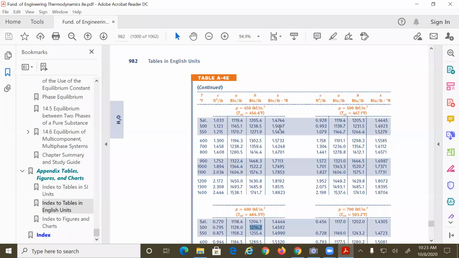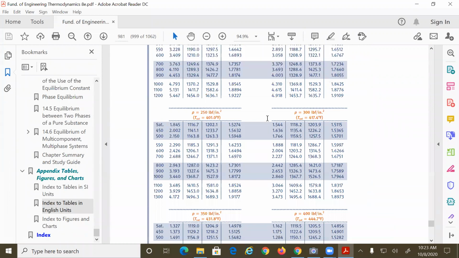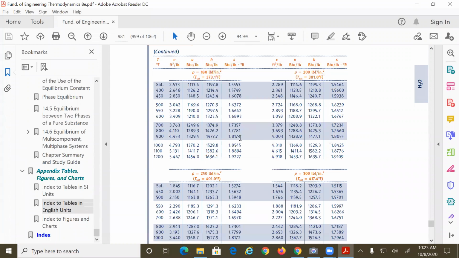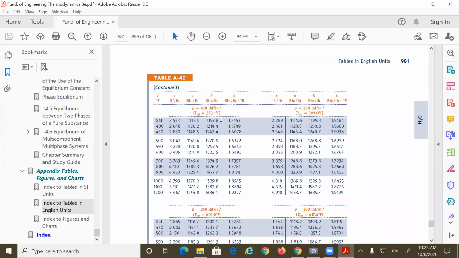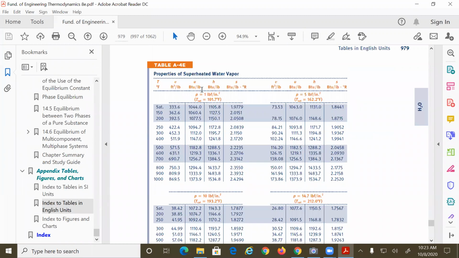You could get it from here as well, okay? Table A4E, let's see if I have 1. I'll be surprised. I mean, this computer is extremely slow. I'll be surprised I have 1 here. What should be the value? Saturation should be 1,105.8, no? Okay, from this table.